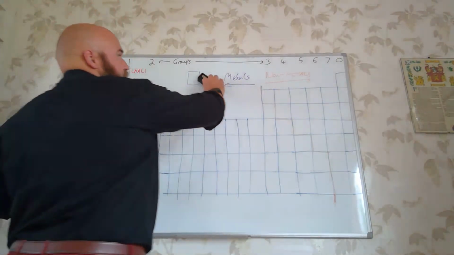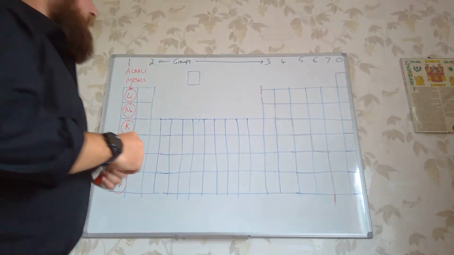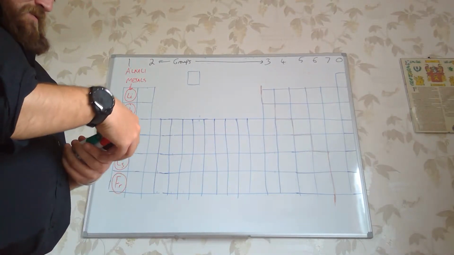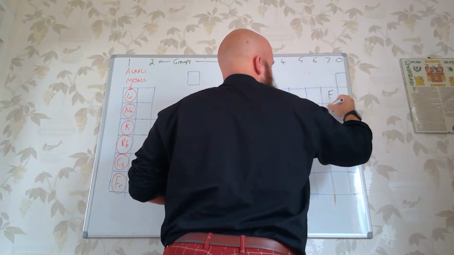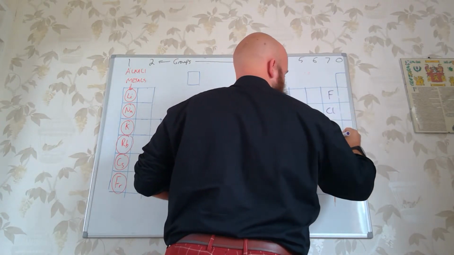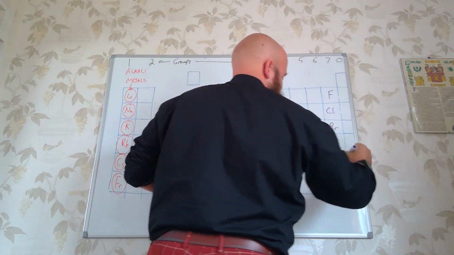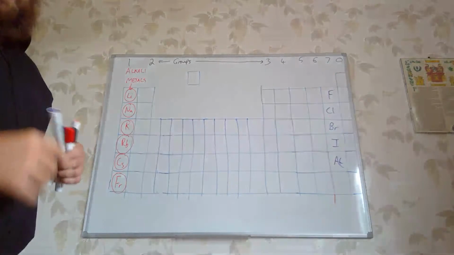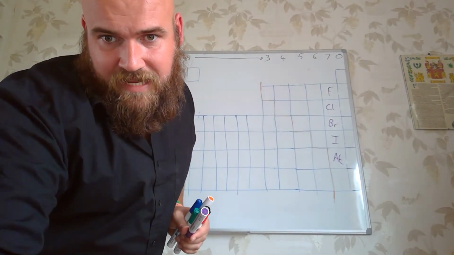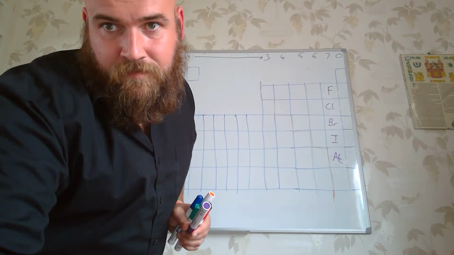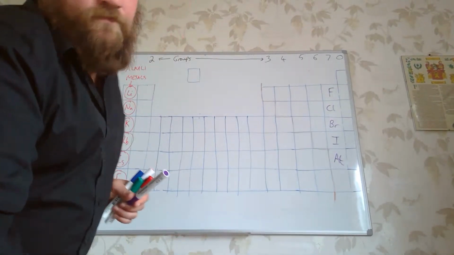And then the other couple of groups we're going to look at, we're going to look at group 7, which should be fluorine, chlorine, bromine, iodine, astatine. And there's one underneath it, which I believe is tennessine, or it might say something else on yours if it's an older periodic table.